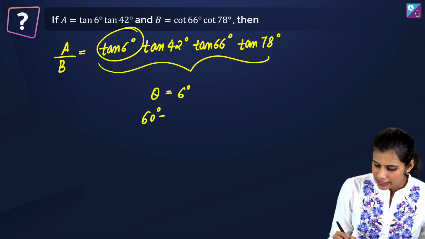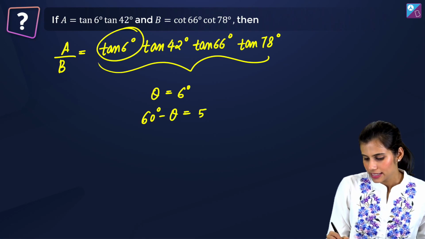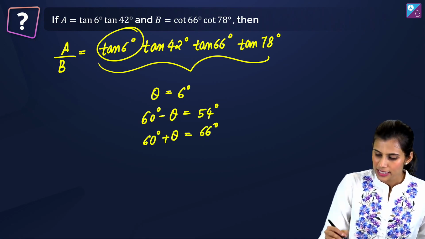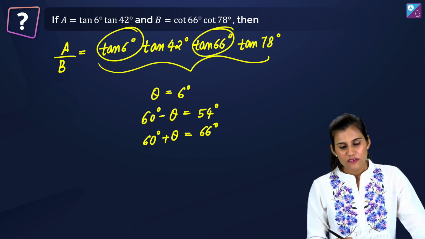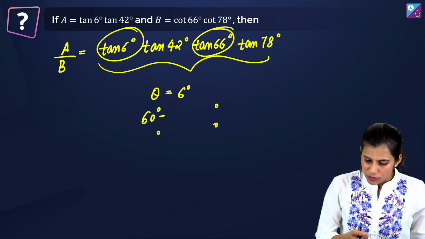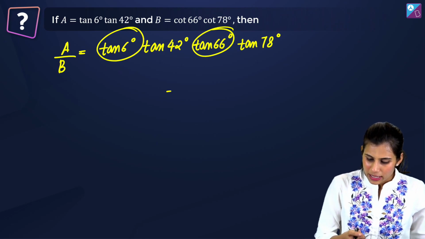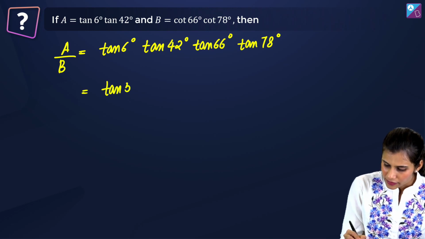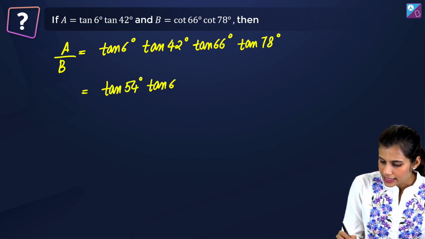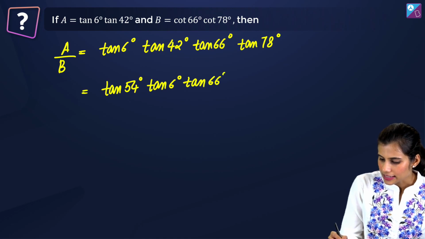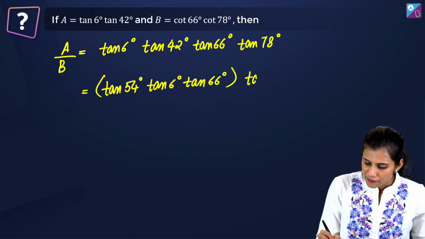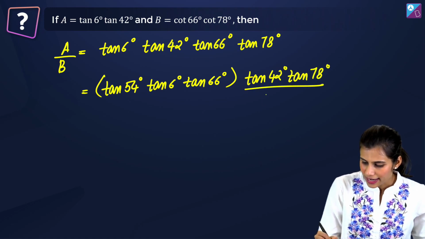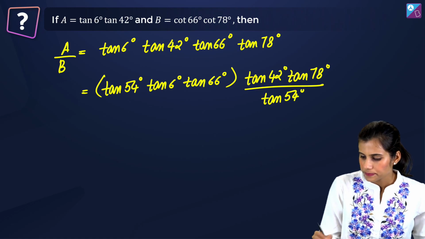So 60 minus 6 is 54, and 60 plus theta should be 66. Now 66 I already have, but 54 I don't have. So I'm going to multiply and divide by tan 54. So I will get tan 54 degrees, then tan 6 degrees, then tan 66 degrees, all together. I'm left with tan 42 degrees, tan 78 degrees, and I should divide by tan 54.